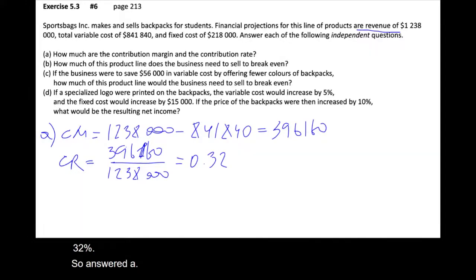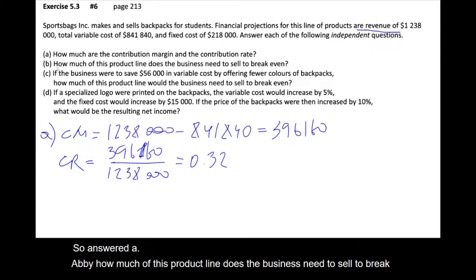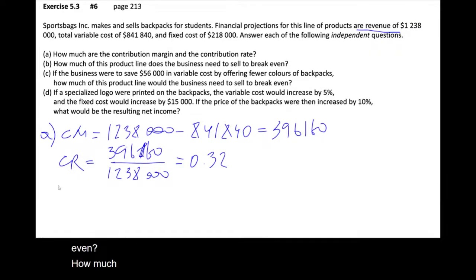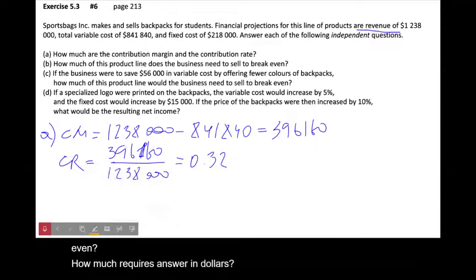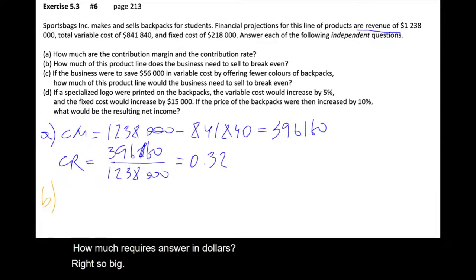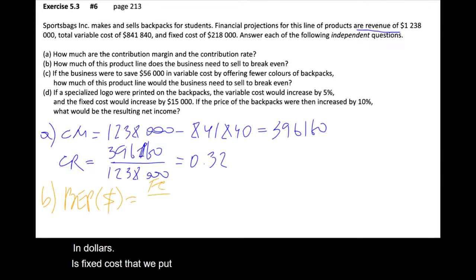B, how much of this product line does the business need to sell to break even? How much requires an answer in dollars. Right, so B, break even point in dollars is fixed cost. Let me put the formula just to refresh your memory.